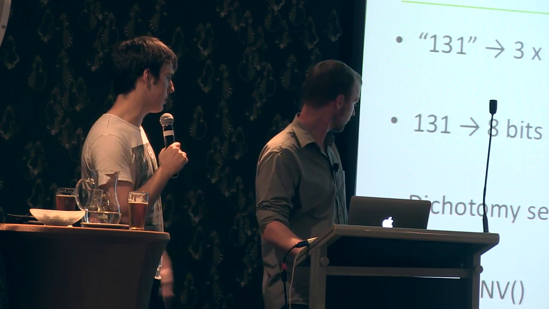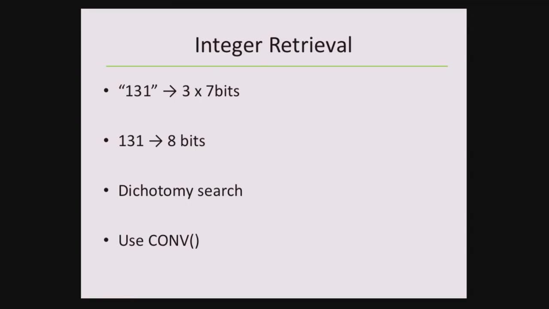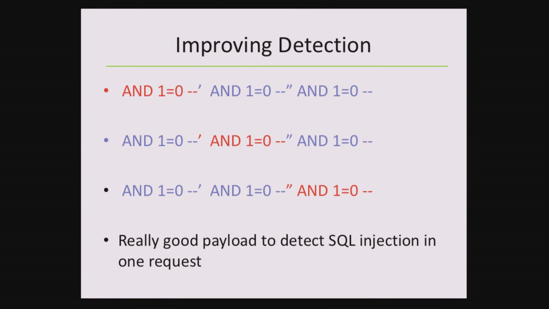You can also use the function conv, which just changes between bases for numbers. The idea here is that you take 131, convert it to base 2, and then get the length of that, and that'll help with the retrieval of information. It kind of sucks for small numbers, but once you get into large numbers, it becomes worth it.